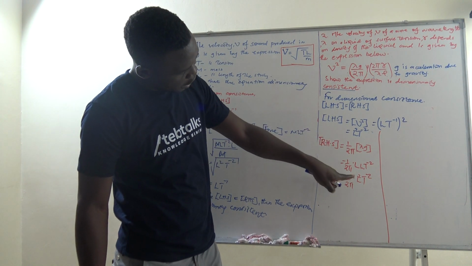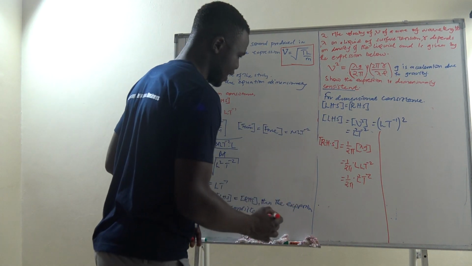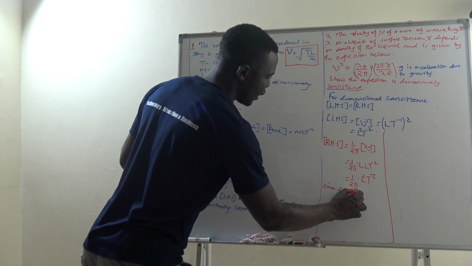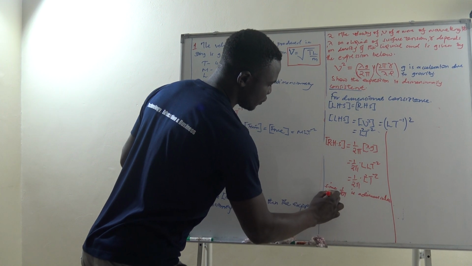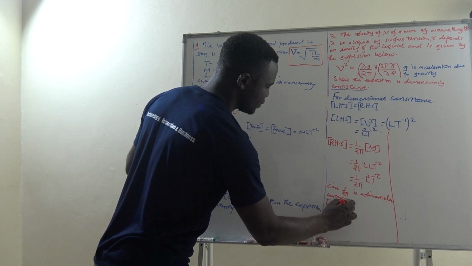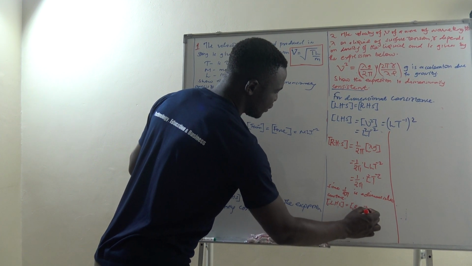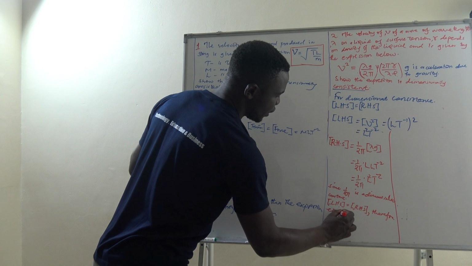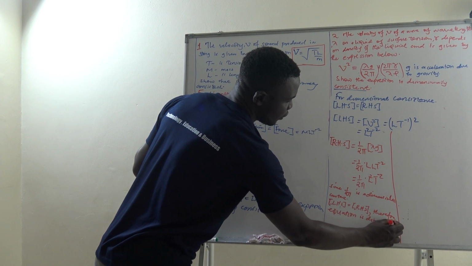L squared per t squared are the same dimensions as we had on the left hand side, and therefore we are going to say that since 1 out of 2 pi is a dimensionless constant, the dimensions on the left hand side are equal to the dimensions on the right hand side, and therefore the equation is dimensionally consistent.